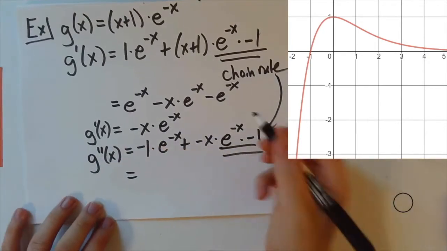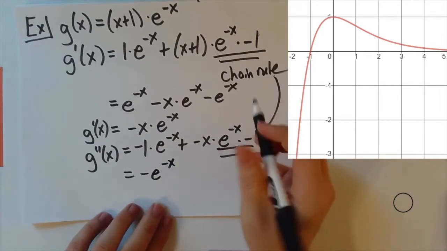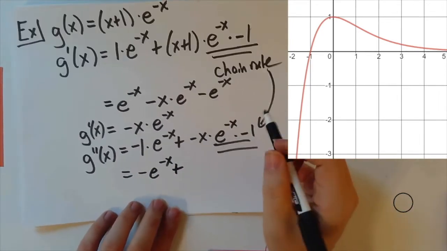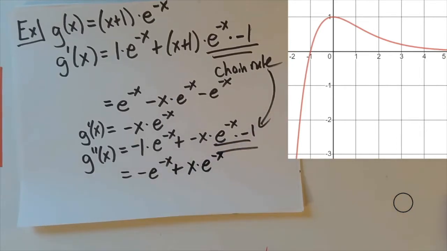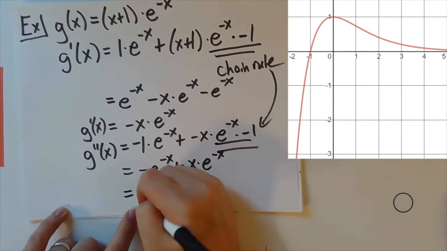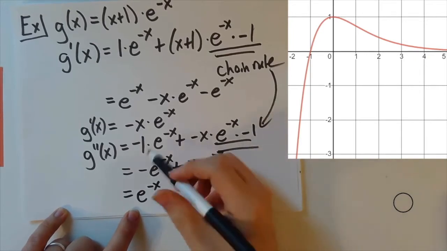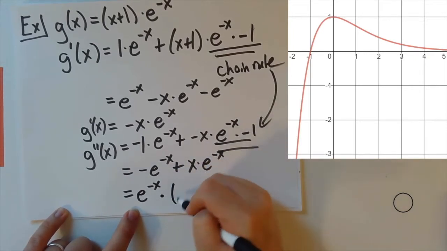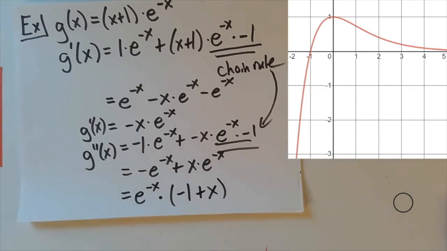And so this is going to work out to be minus e to the minus x plus x times e to the minus x. And then I want to factor this. So this is e to the minus x times minus 1 plus x. Okay, so here is our second derivative.